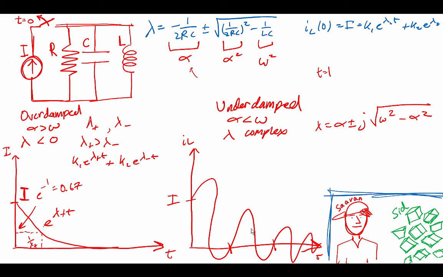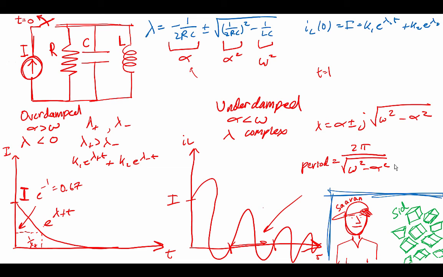The period is equal to 2 pi over the imaginary portion, the square root of omega squared minus alpha squared. Cool. So another way to think about why it'll be oscillatory is Euler's formula that you did in homework a couple of times ago.